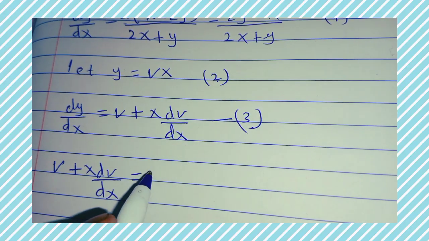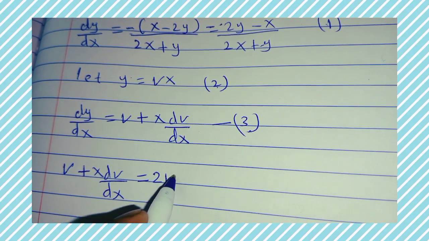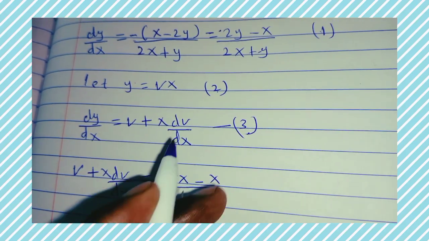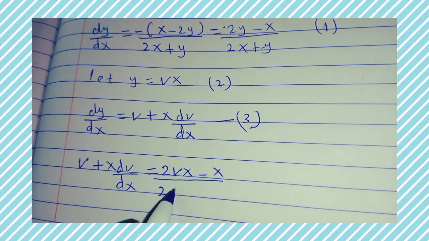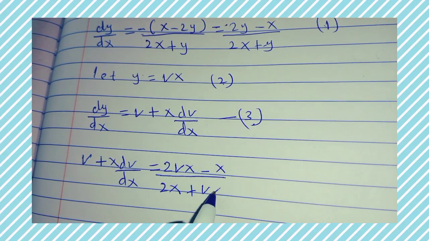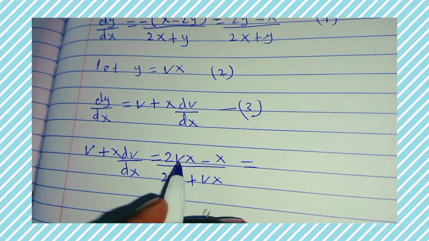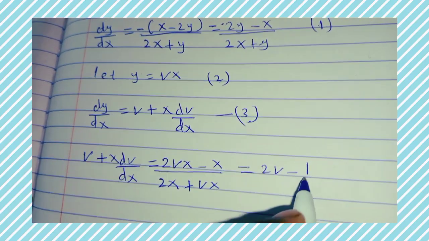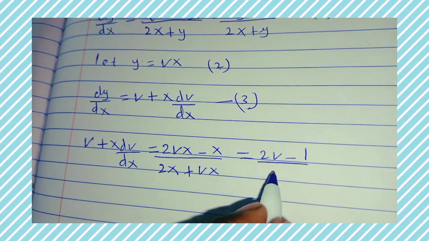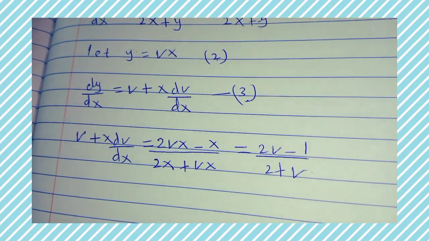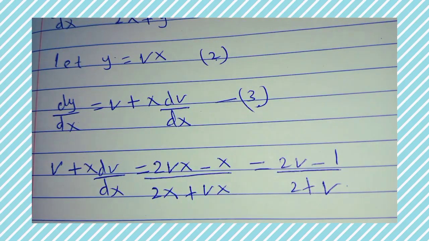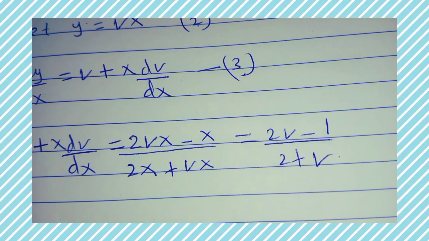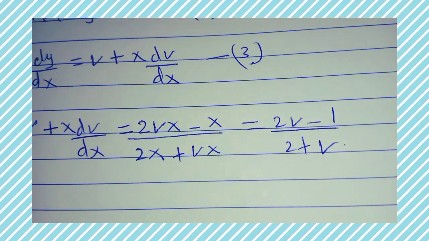So you are going to have (2vx − x) divided by (2x + vx). x is common, it can be factored, so that you'll be left with (2v − 1) divided by (2 + v). I have factored x throughout to be left with this.